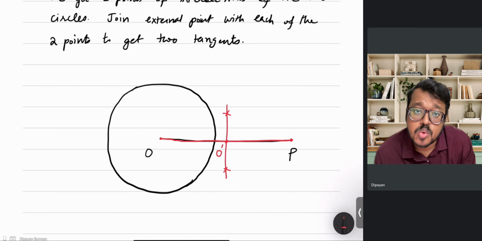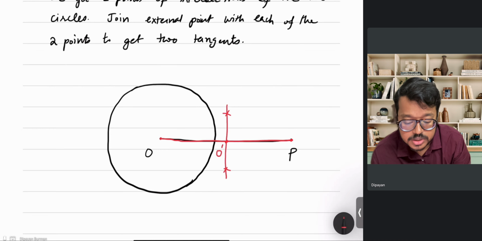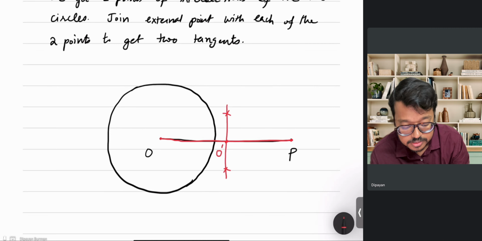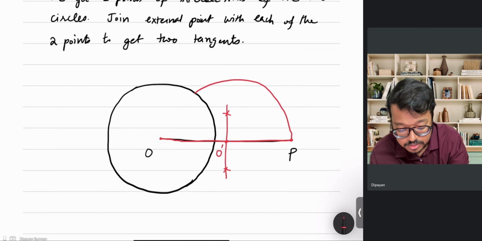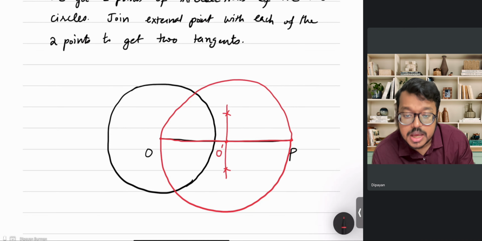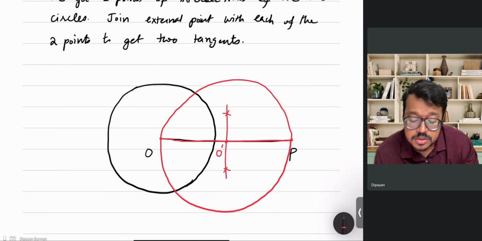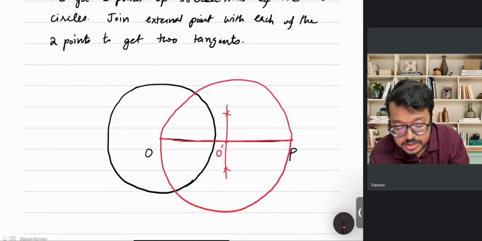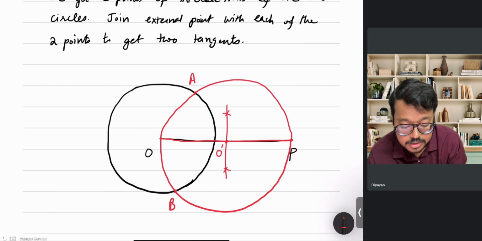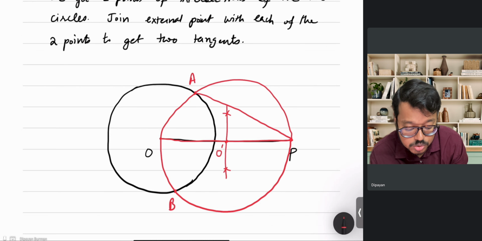Now with OP as the diameter, you have to draw a circle, or you can also consider O dash as the center and O dash P as the radius. Draw a circle. So your circle will look something like this. Then you have two circles now, and there are 2 points of intersections. Let's call it A and B. Then join PA and join PB.